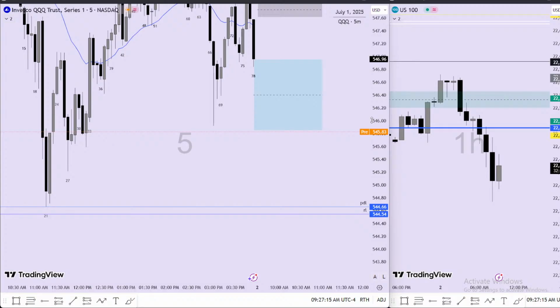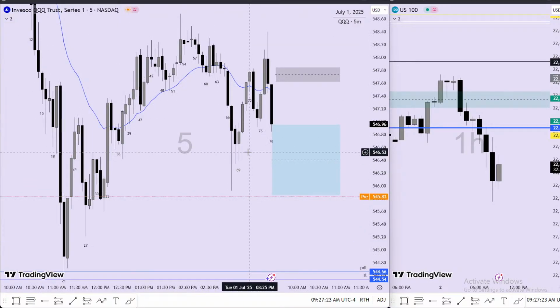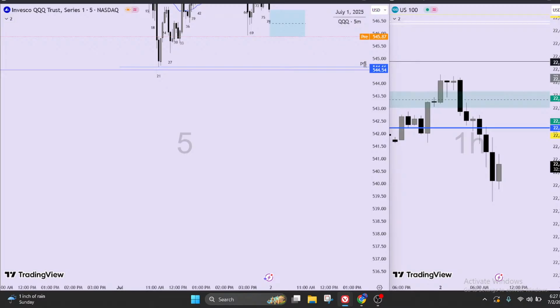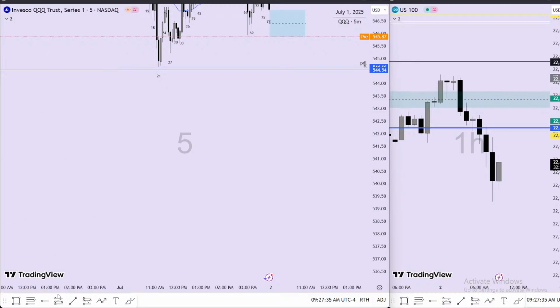What are the other levels which are really relevant today? So those levels, 541.62.